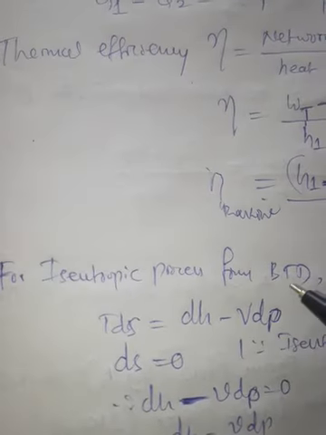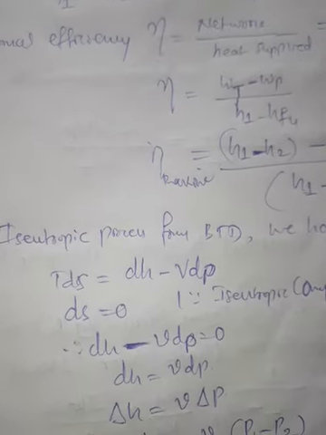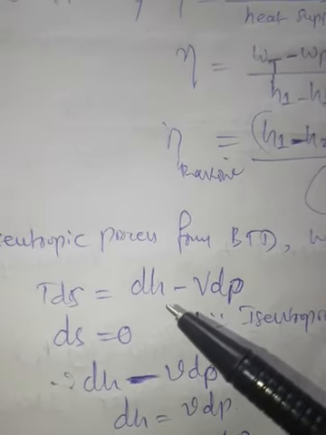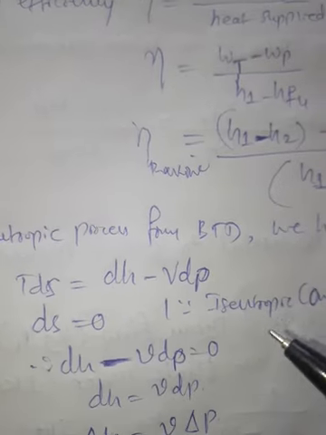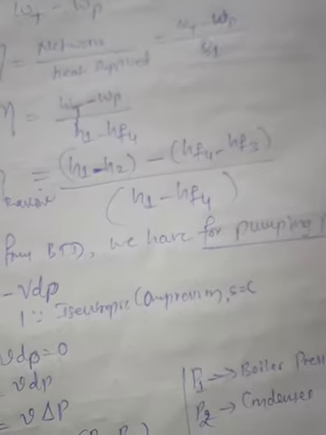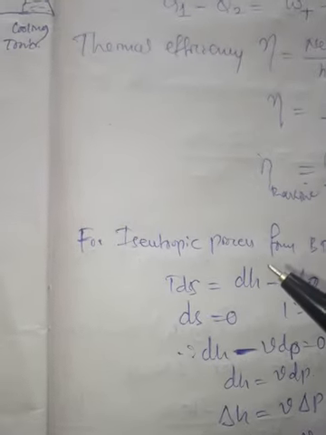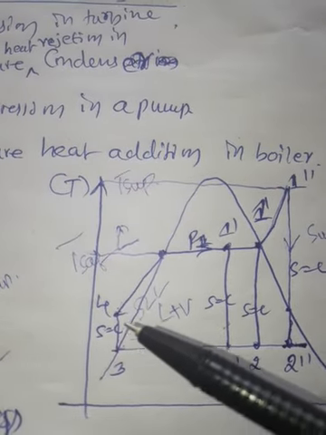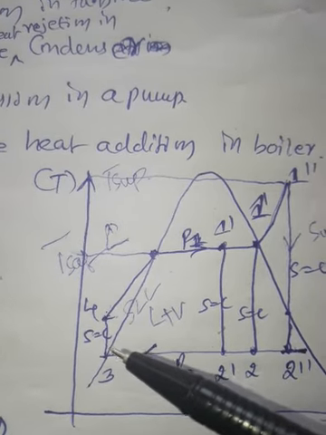From basic thermodynamics, we know for any process, the TdS relation is given by TdS is equal to dH minus VdP. Since pump work is isentropic work in Rankine cycle, yesterday we discussed in the TS diagram, 3 to 4 was the pumping work, it is isentropic. So entropy remains constant.